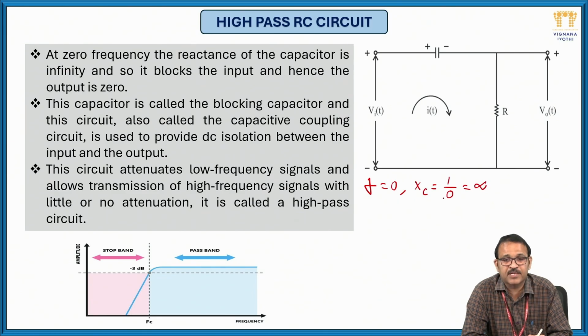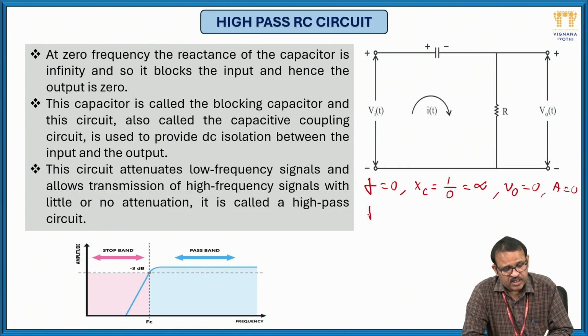If the reactance is infinity, the circuit is open, and there is no current flow through the circuit. So the output across the resistor, V0, is equal to I into R, where I is equal to 0. Therefore V0 is equal to 0 and gain A is also 0. The gain is output by input, so for any input signal, the output value is 0.